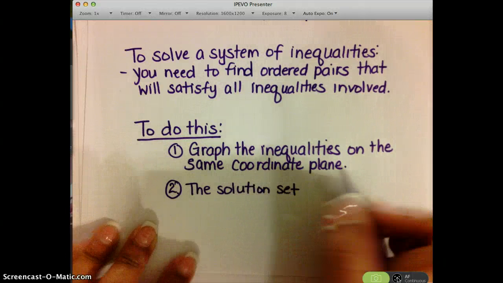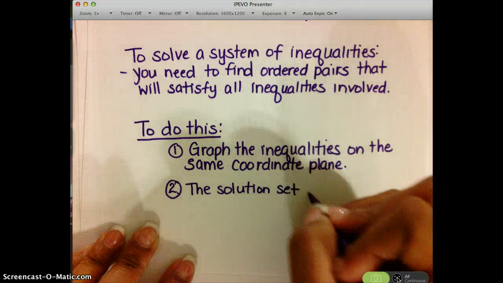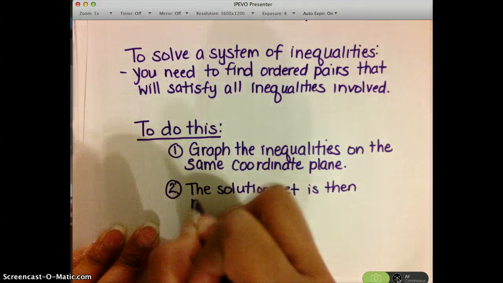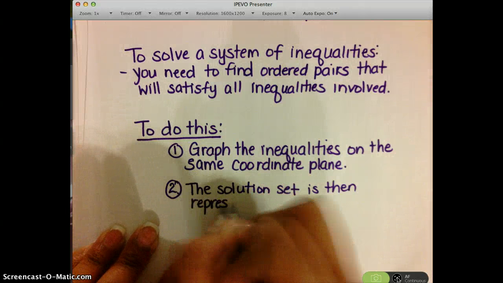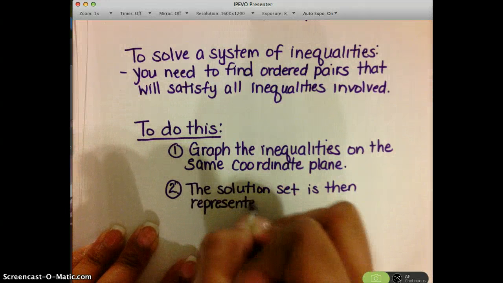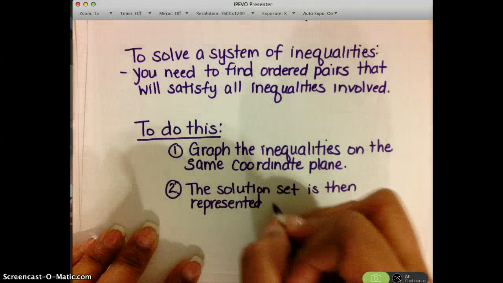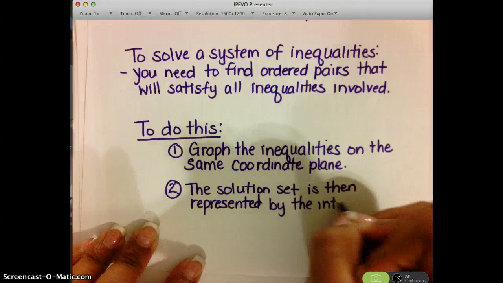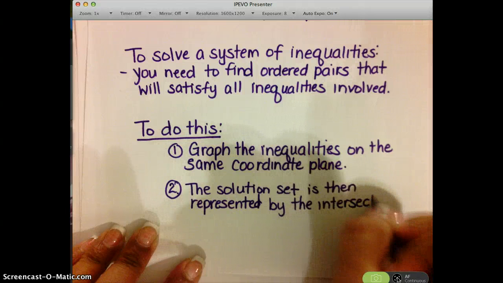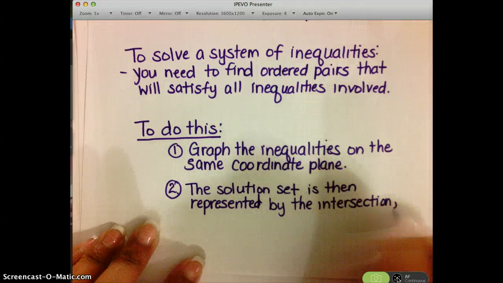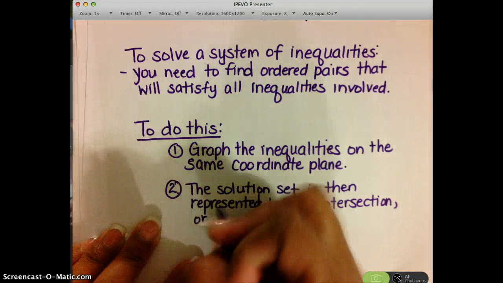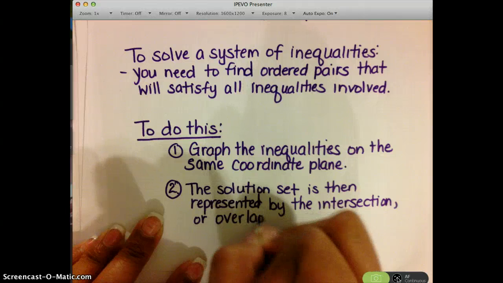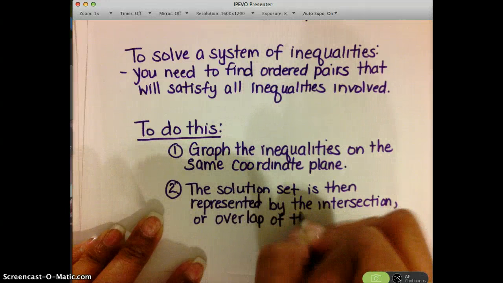The solution set is then represented by the intersection or overlap of the graphs.